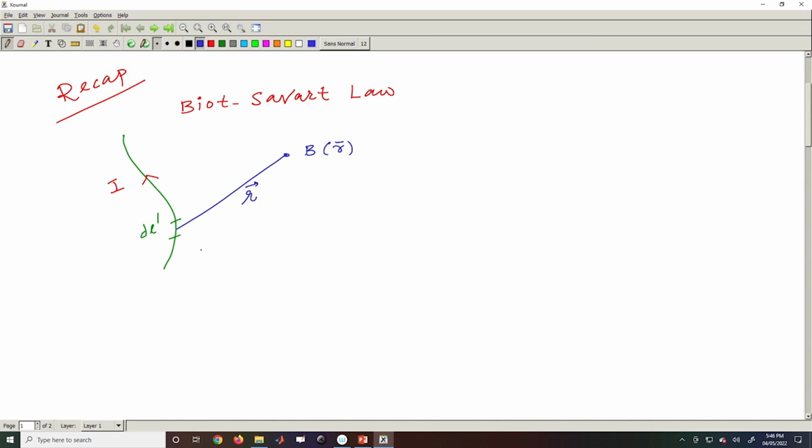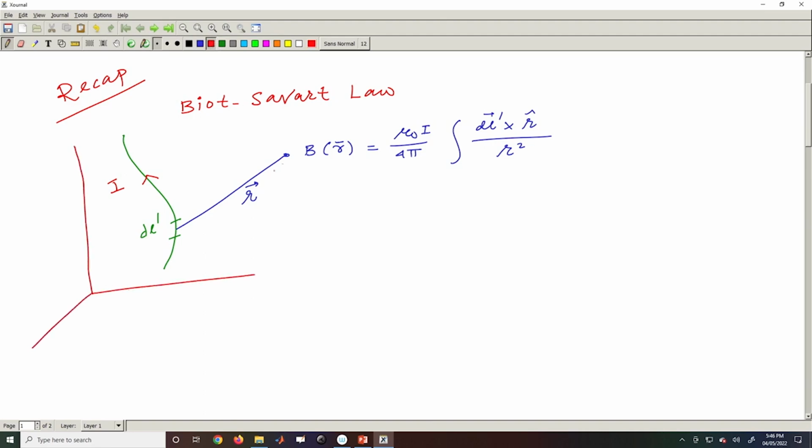If I have the length here, say r, so this quantity is mu 0 divided by 4 pi, mu 0 I, and then the integral of dl prime cross unit vector r divided by r square, and this r is measured from some coordinate system. So, from that I can measure the location of this point from this coordinate system.